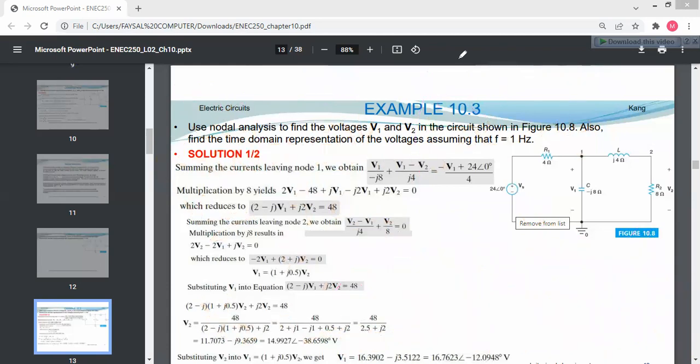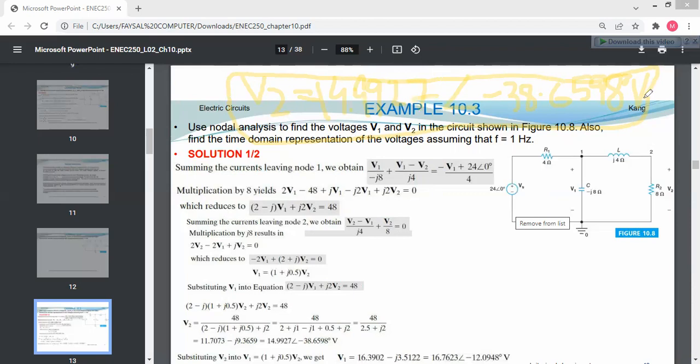So V2 will be equal to 114.9927 with the angle of negative 38.6598 degrees, with the voltage value V. So this is the value of V2 for the system.